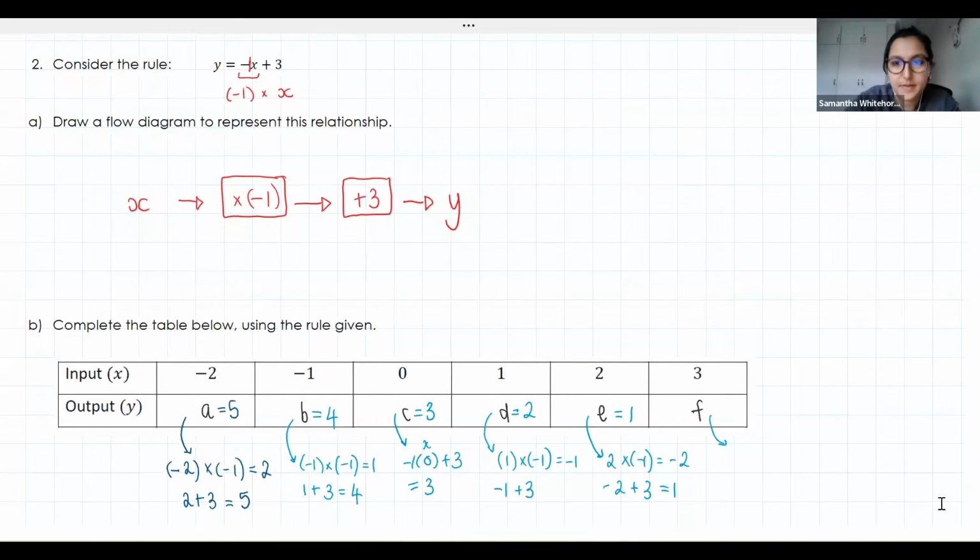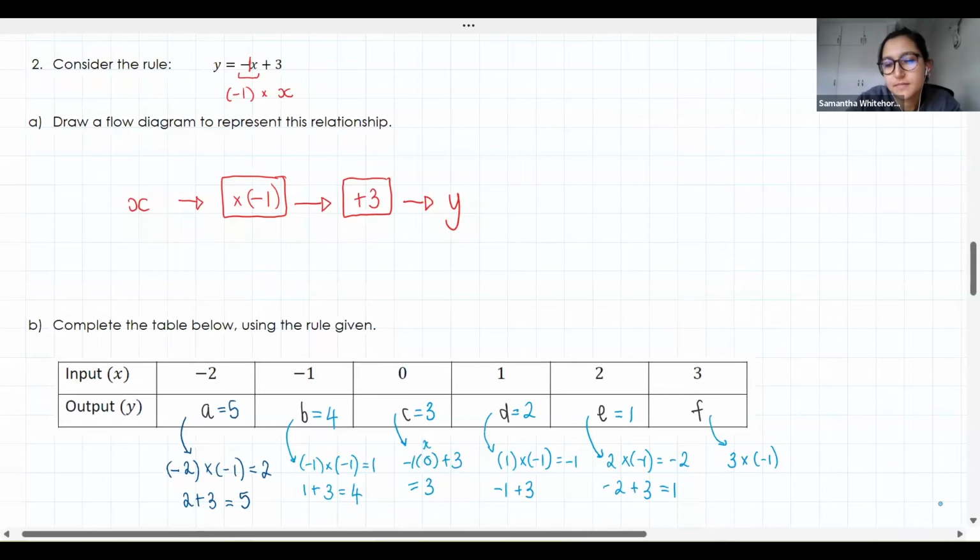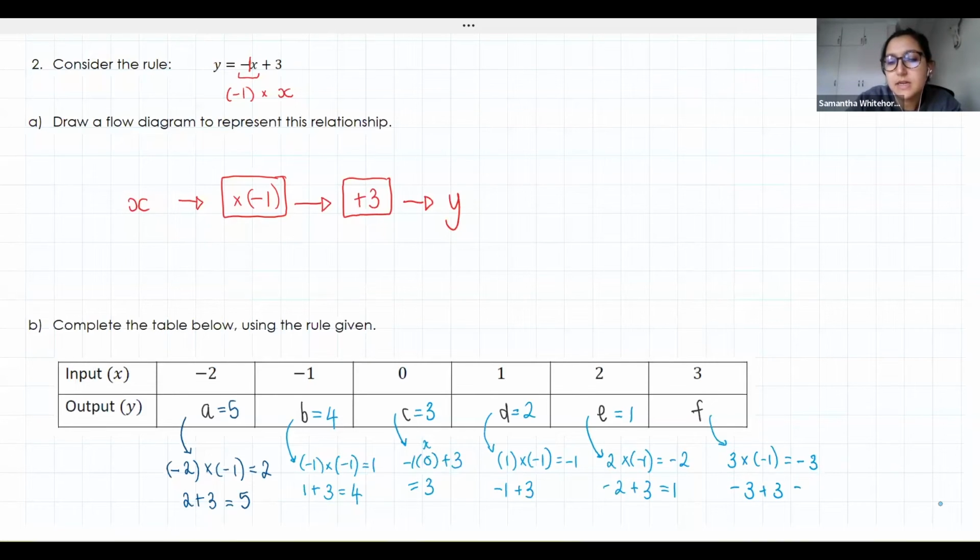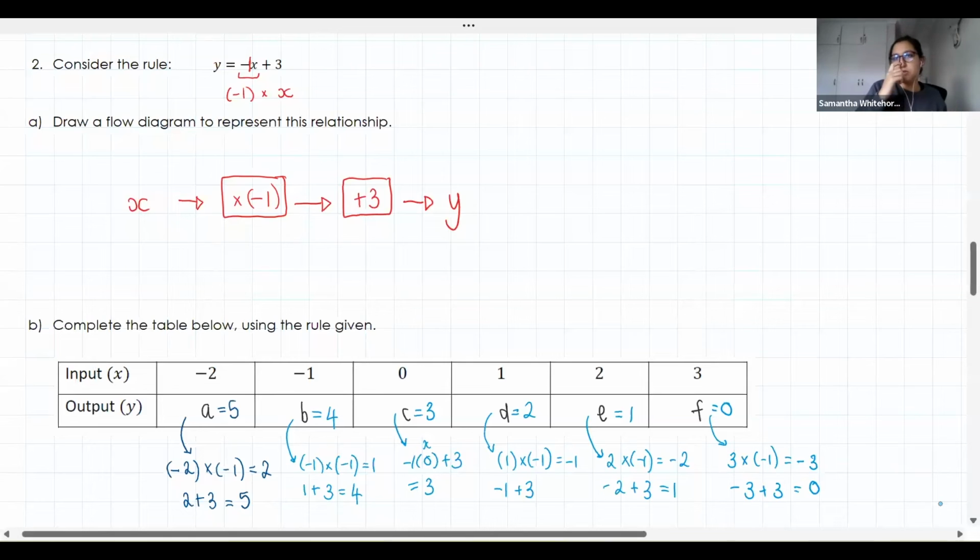Yep. 3 times -1 plus 3 is equal to 0. Perfect. So F is 0. So 3 times -1 is -3. And -3 plus 3 gives us 0. So exactly, F is equal to 0. Well done.